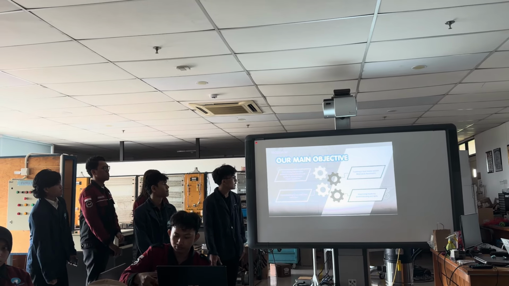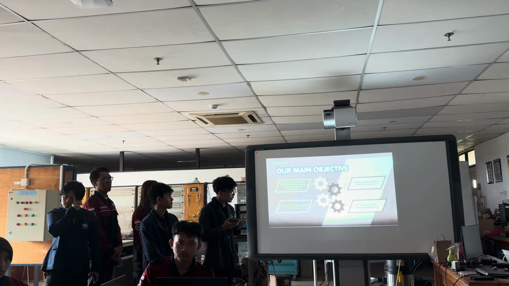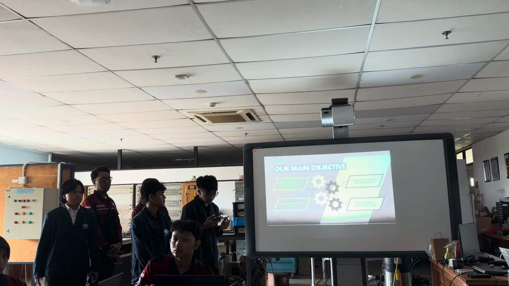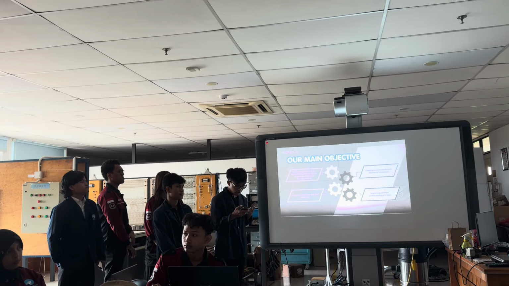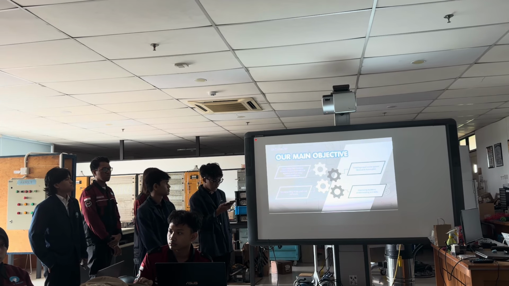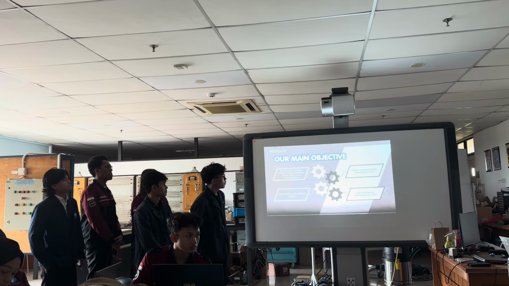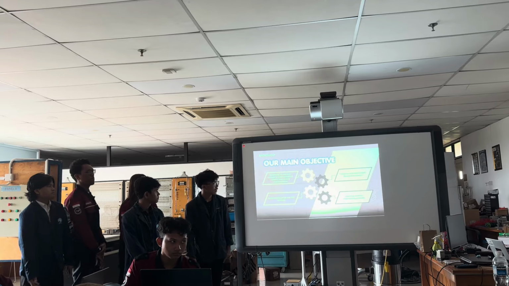And the last one is improving student understanding and skill. In this course and this project, we got a better understanding and practical skill in mechatronics, electrical systems, and simple automation technology. The next slide will be explained by Fiona.